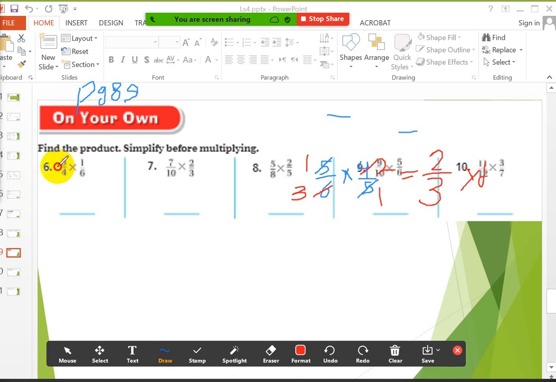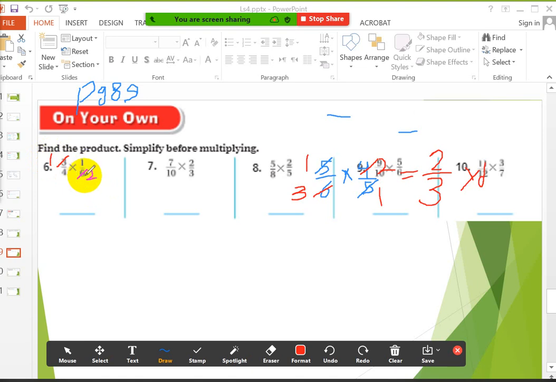Again, Lena, what is the number that I can divide both 3 and 6 by? 3. Very good, 3. So 3 divided by 3 equals 1. And 6 divided by 3 equals 2. Very good, Lena.